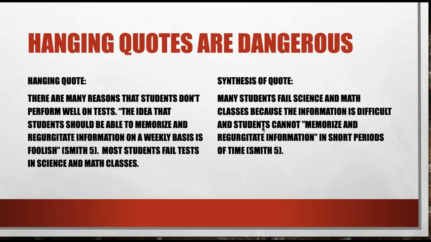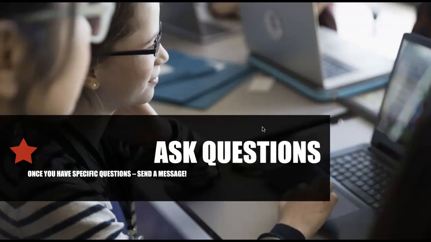Many students fail science and math classes because the information is difficult and students cannot memorize and regurgitate information in short periods of time. So I maybe took that part of that quote that I really liked because I liked the language there, but I'm going to synthesize it so that you can see this is my opinion as well. It's not just somebody else's that I randomly threw in my essay.